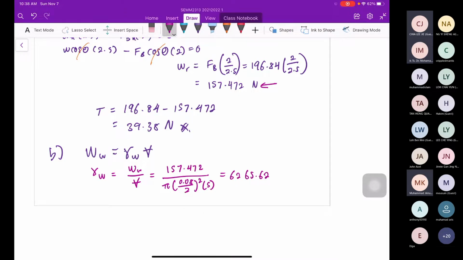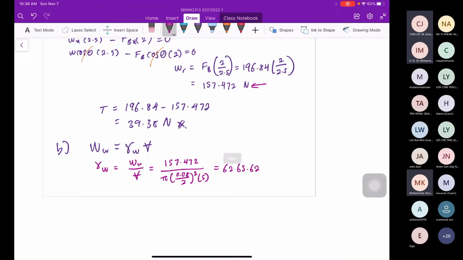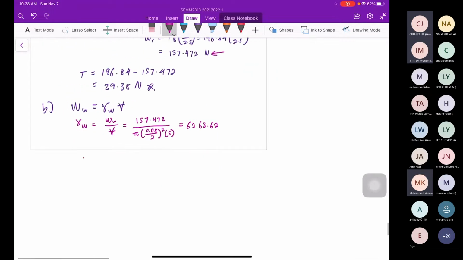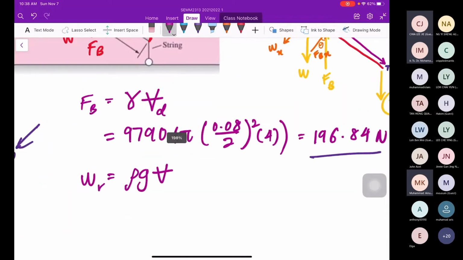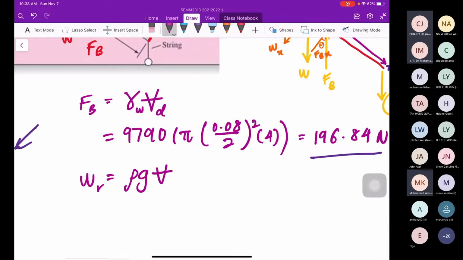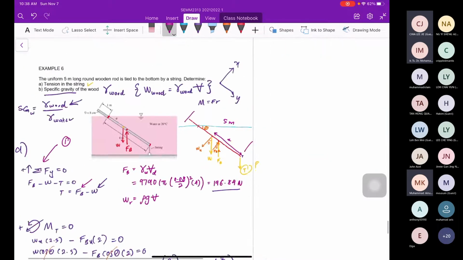Okay. And then to calculate the specific gravity of the wood, which is gamma of the wood over gamma of water. So gamma of the wood is 6265.62 divide with gamma of water, which is 9790.